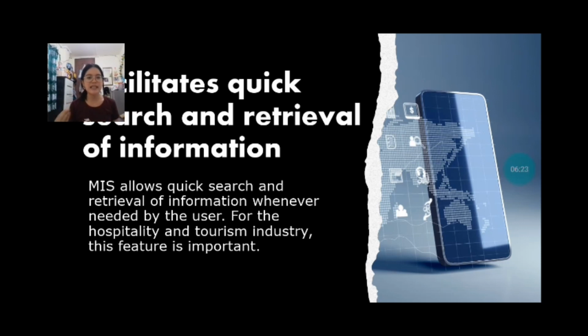So for the hospitality and tourism industry, this feature is very important. Of course, being able to quickly search and retrieve any information you need as the user is very important, especially in the hospitality and tourism industry.